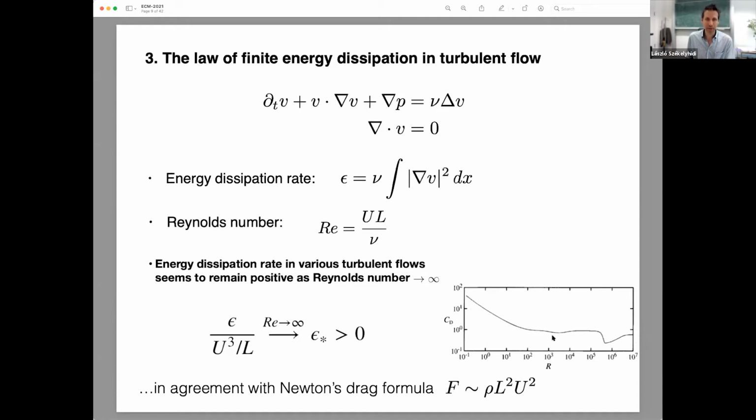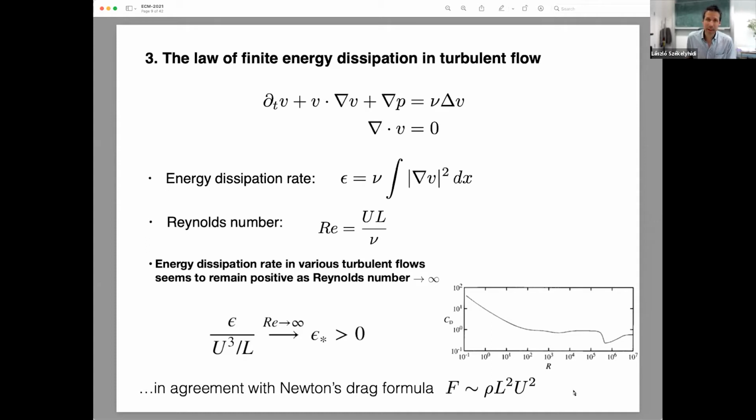The Reynolds number increases. Here, this C_D is the drag coefficient in Newton's formula, but it's the same for the dissipation rate. Indeed, this observation that the energy dissipation rate remains positive is in agreement with Newton's formula.